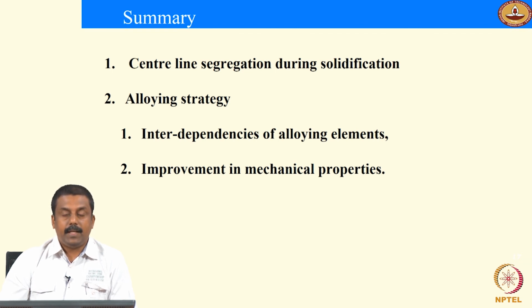And when you have peritectic reactions, you may also have austenite forming from liquid plus delta ferrite mixture, and you may also locally change the carbon concentration of the liquid because of this reaction. We looked at the solidification microstructure in situ during solidification, how the dendrites evolve and how the solidification progresses.